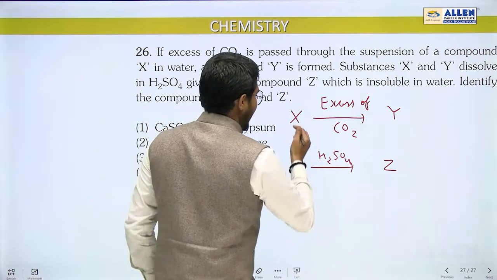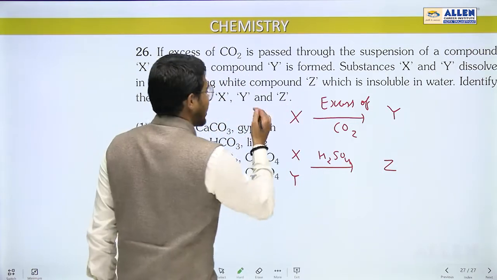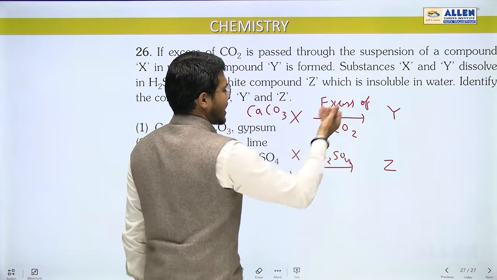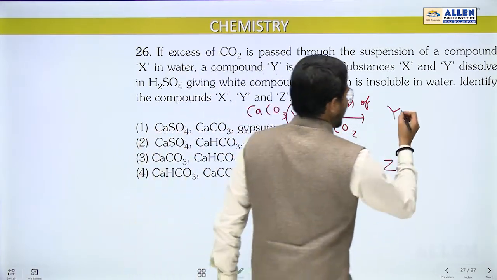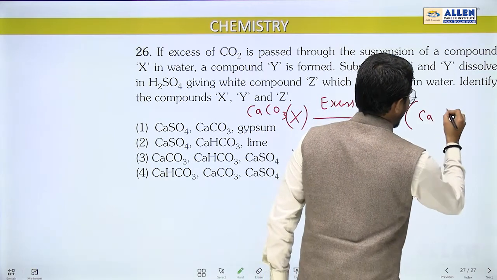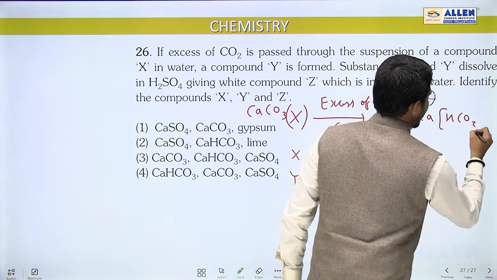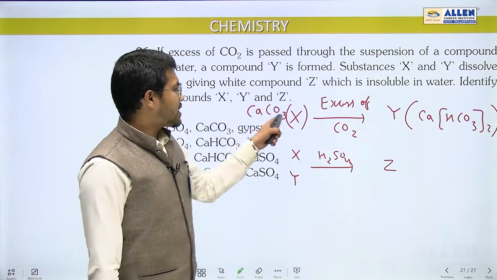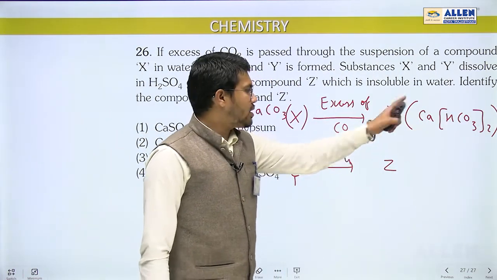So obviously X can be CaCO3. On passing excess of CO2, what will we get? Ca(HCO3)2. This is Y. Calcium carbonate is X, calcium bicarbonate is Y.